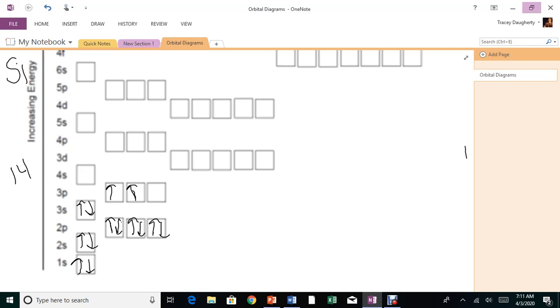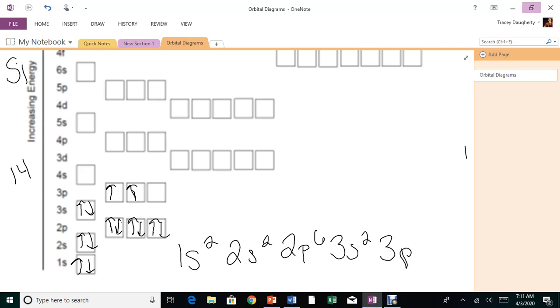So the electron configuration would be 1s2, 2s2, 2p6, 3s2, 3p2. And our valence shell would be the 3p and the 3s, and our valence electrons would equal 4.